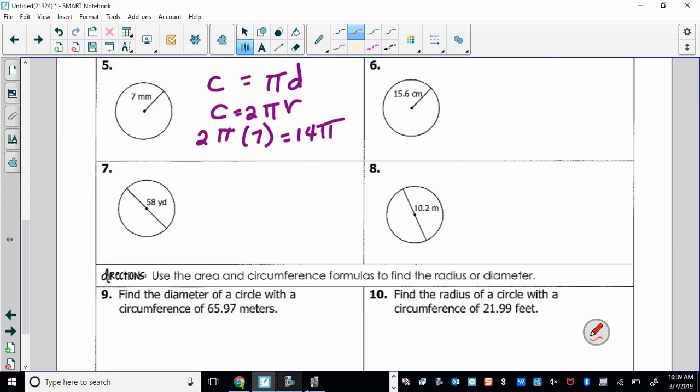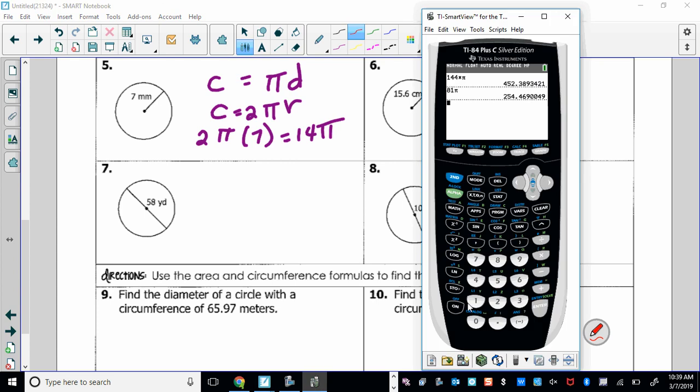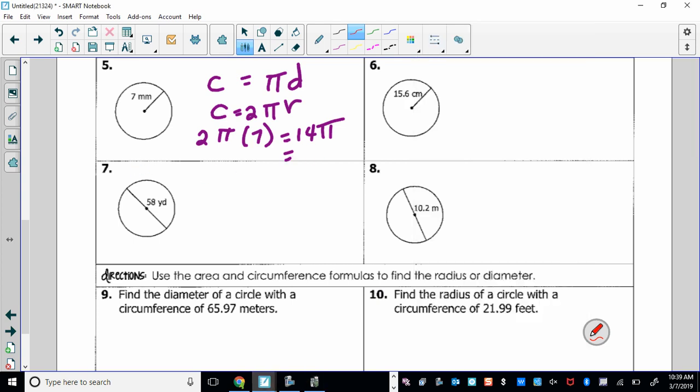And then 14 pi in a calculator is 43.98. Just verify, 98, yes.